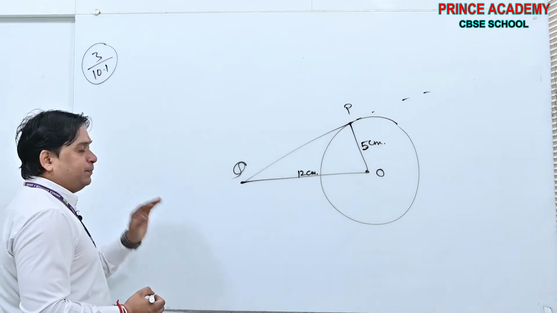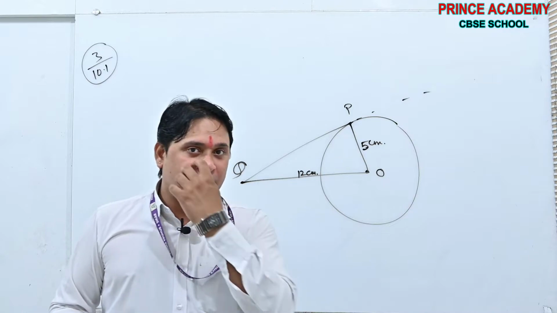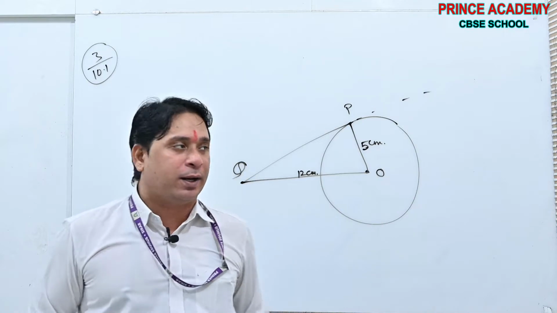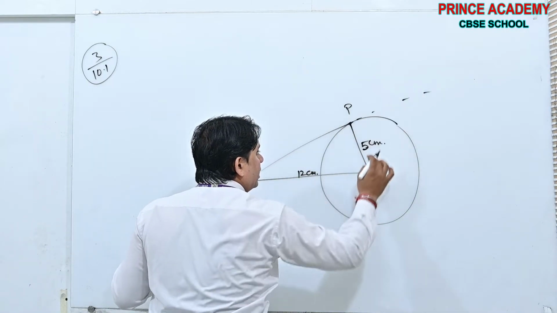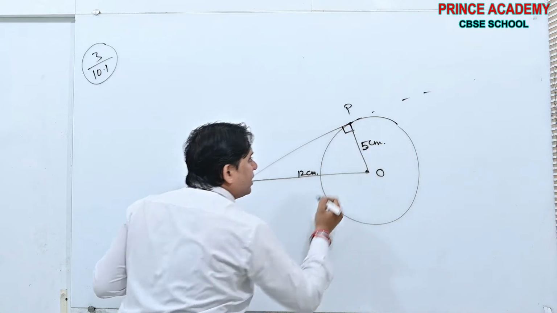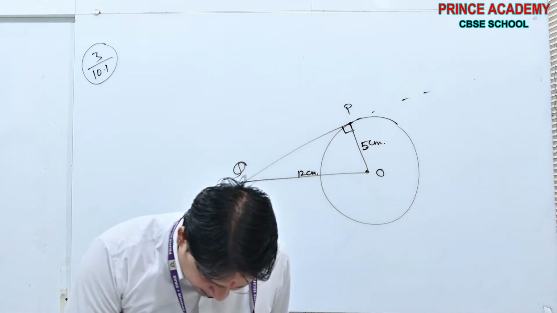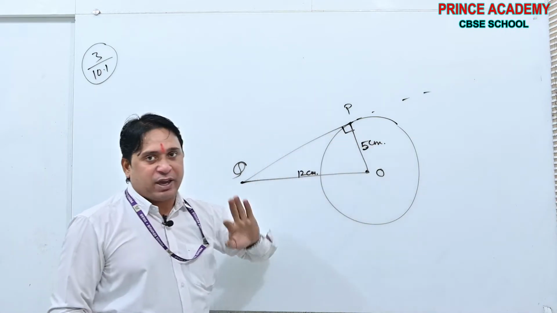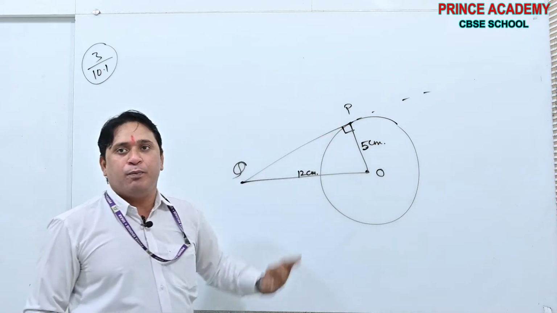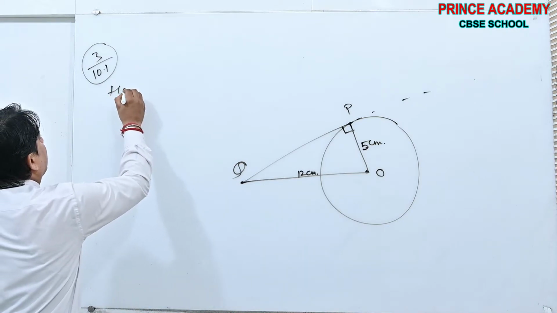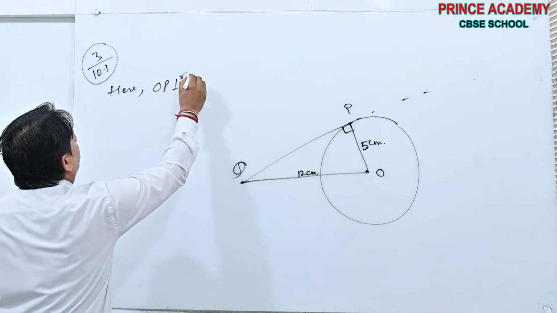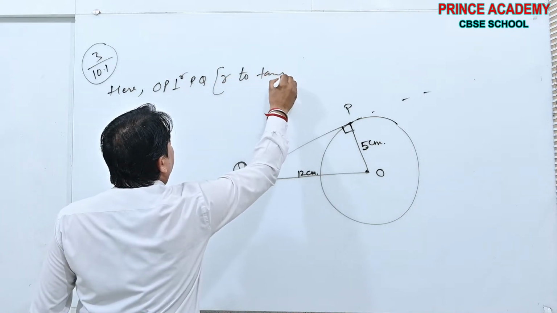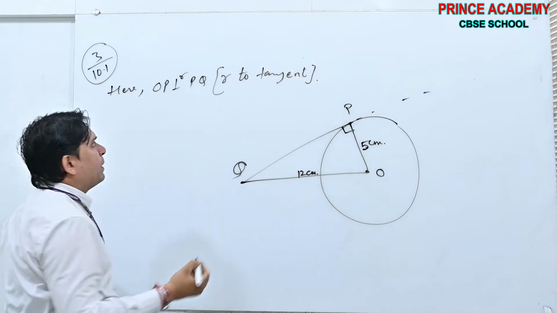See, what was theorem 10.1? Radius to the tangent is perpendicular. This is the tangent, this is the radius, it is perpendicular. Yes or no? Here OQ is 12 given, OP is 5 given, and OP will be perpendicular to PQ. Yes or no? Here OP is perpendicular to PQ. Why? Radius to tangent is perpendicular.